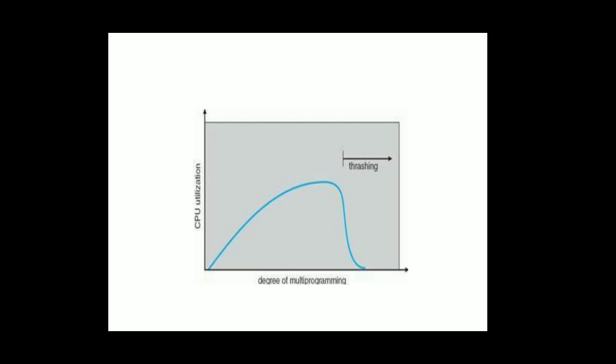At this point, in order to increase the CPU utilization and to put a full stop to thrashing, we must decrease the degree of multi-programming. This is the graph which shows thrashing.